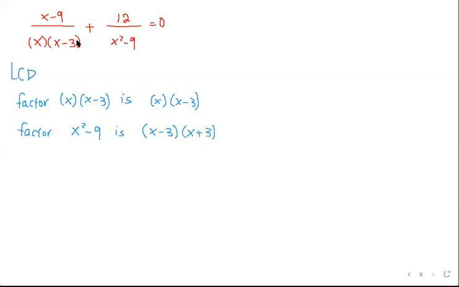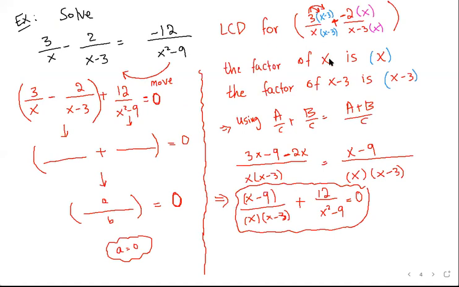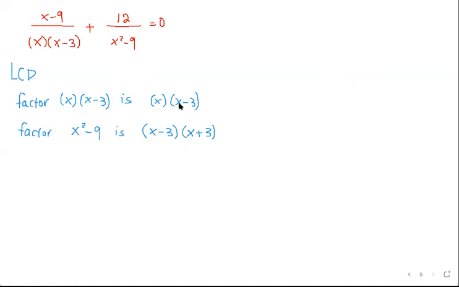So now we cancel the common factor. In the previous one we didn't have a common factor, x and x minus 3, but here we have a common factor, x minus 3, on both sides. So we cancel this one by this one.